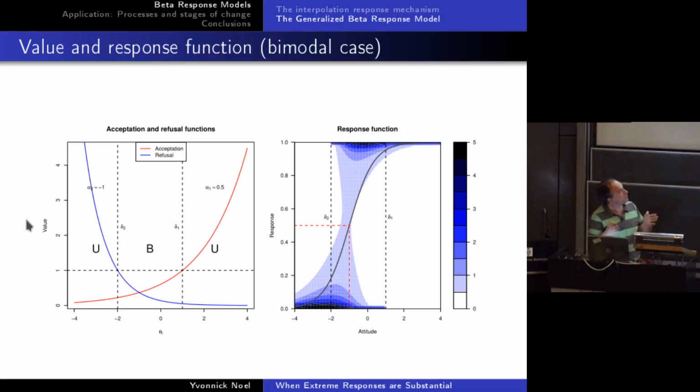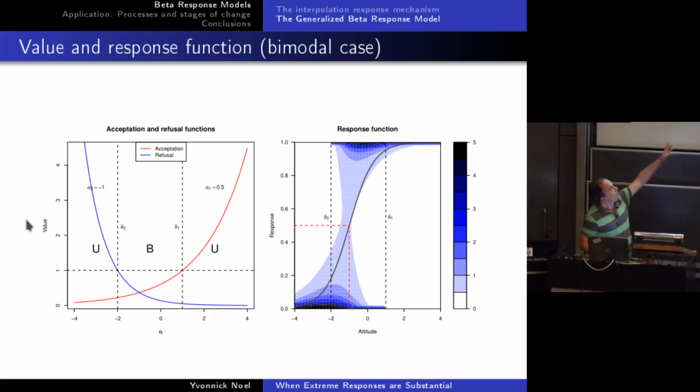As you can see, in the middle range, between -2 and 1 for these parameter values, you get very high response densities at the boundaries of the response scale. What this basically means is that for a fixed theta, that is, for a fixed attitude level, you can get two extreme and opposite responses equally likely. This is quite counterintuitive, but let us see if on some data it can be meaningful.